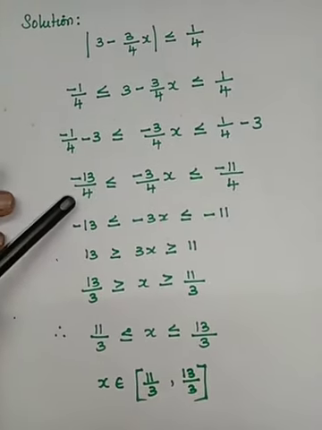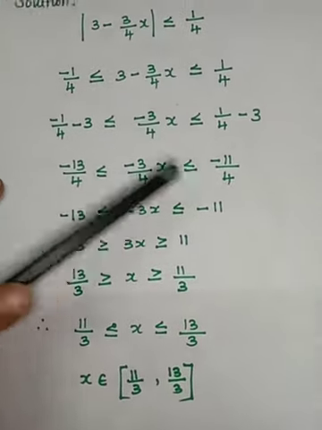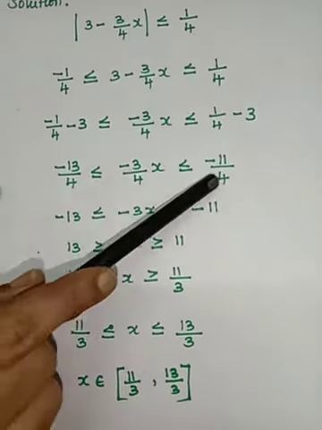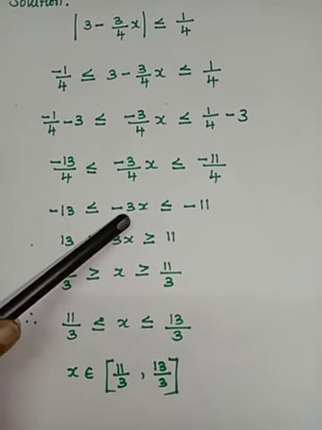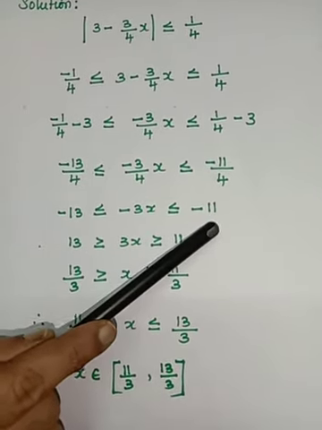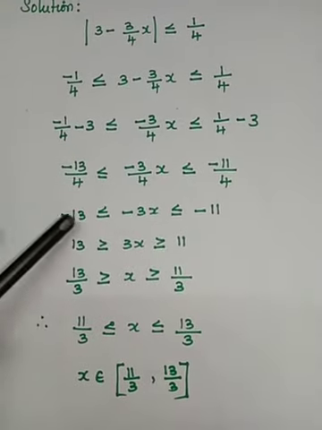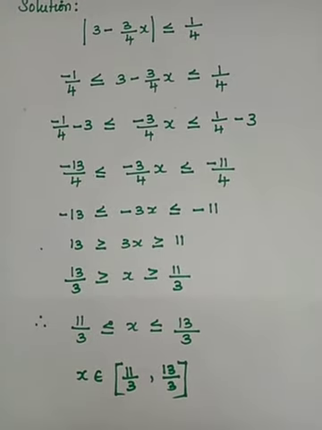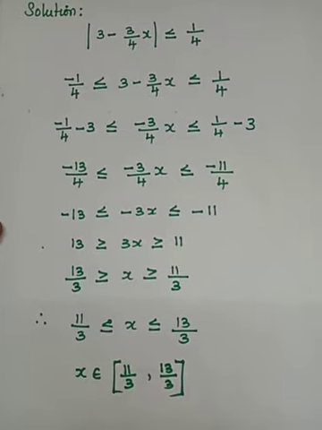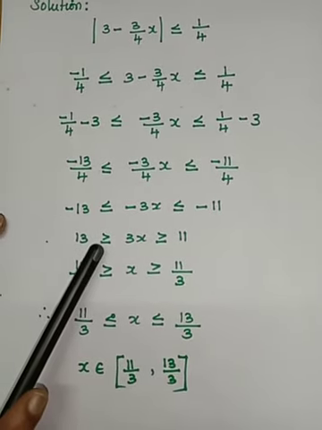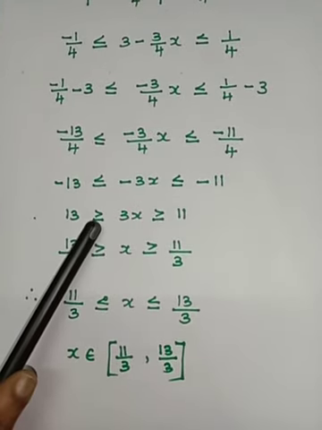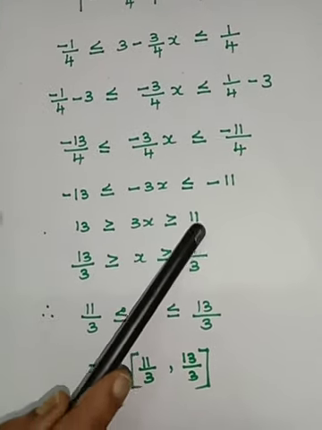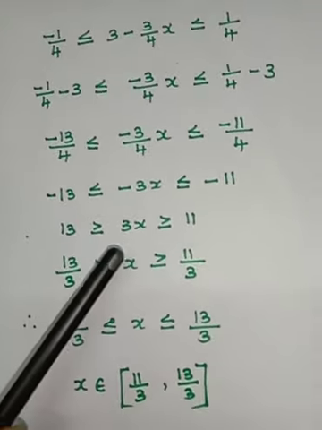So next step, I have multiplied by 4. All the 4s in the denominator we can cancel. So minus 13 less than or equal to minus 3x less than or equal to minus 11. You see that in all the numbers you are having minus, so you have to divide by minus. When it is divided by minus, you have to change the inequality. So the next step, 13 greater than or equal to 3x greater than or equal to 11. From that you have to find x.